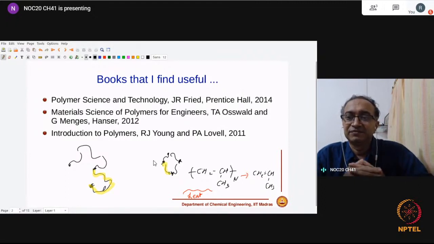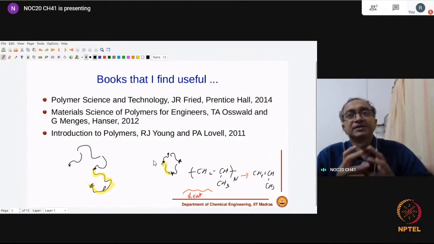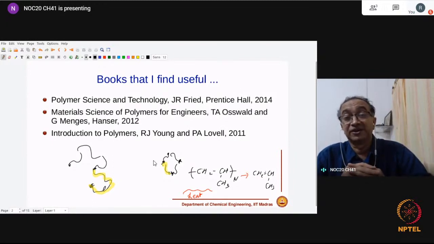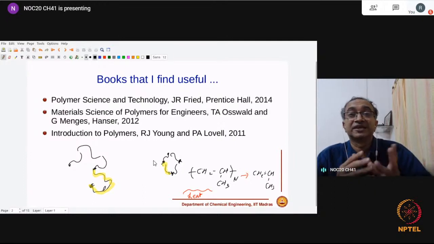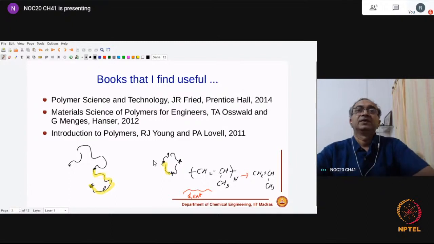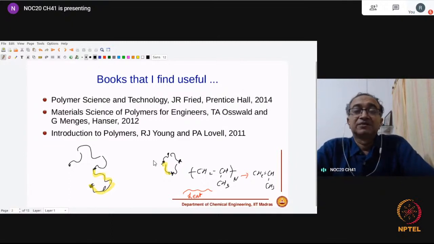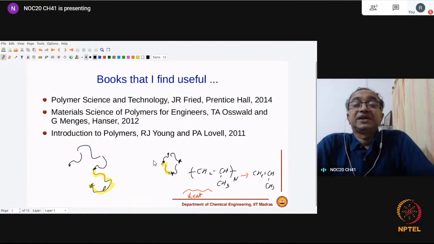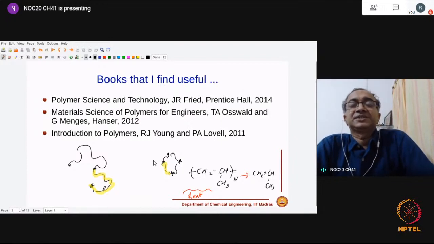Ahmad is asking which type of bond forms between the polymer and the nanofiller. So that depends on which polymer and which nanofiller you are talking about. Because polymers themselves are, as we have already seen, lots of classes of polymers are there, and similarly nanofillers also are of different types. But generally the bond will be again the type which we have already discussed in terms of the interactions between macromolecules.